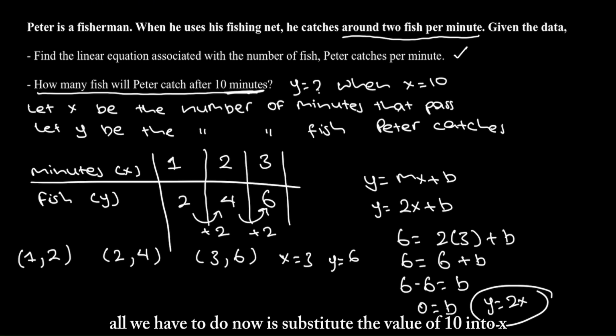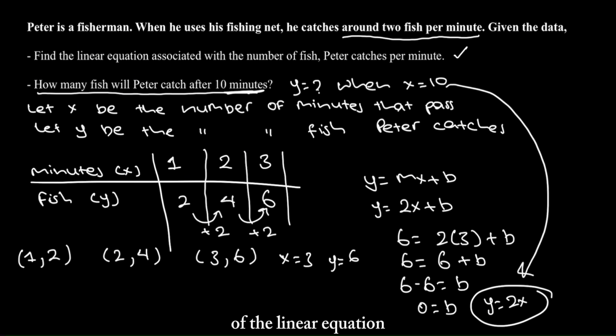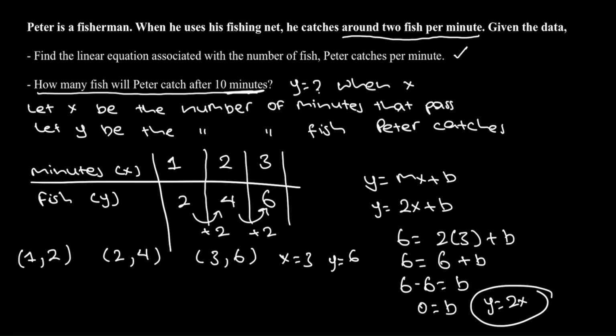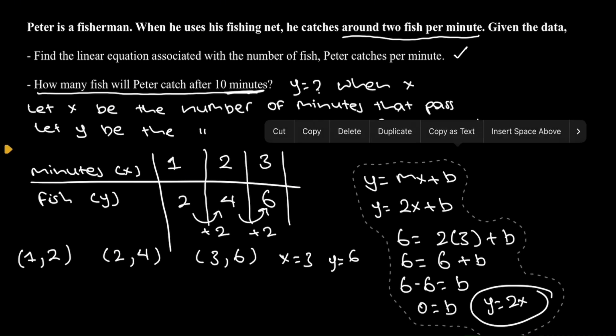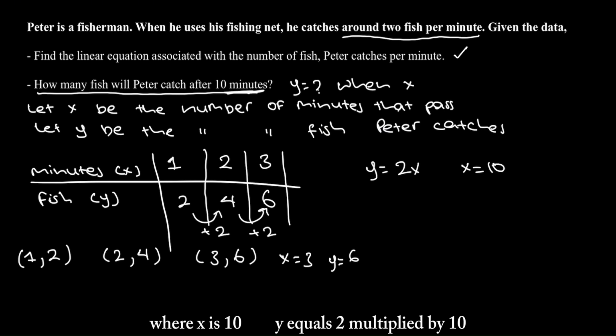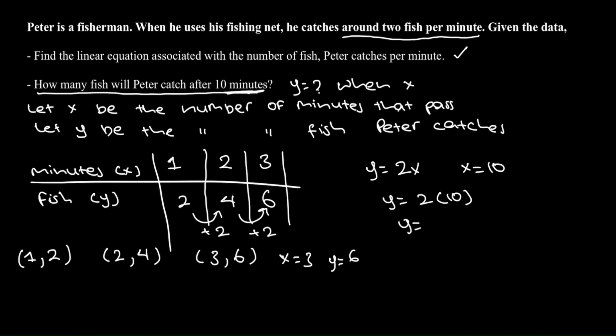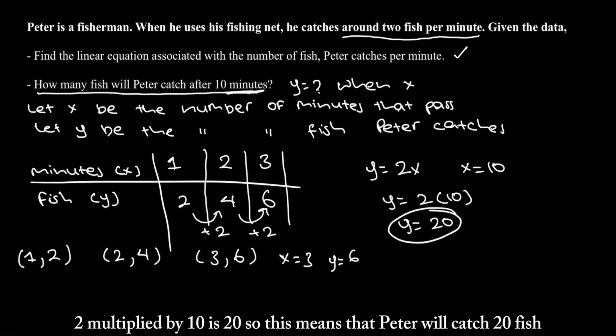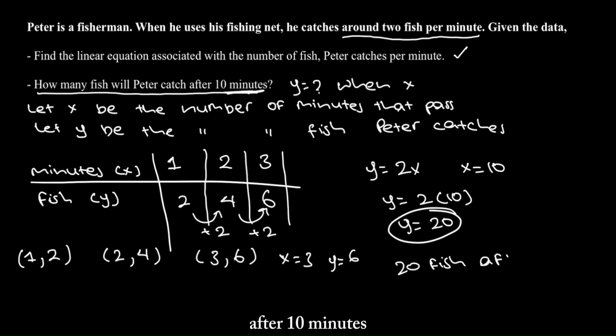All we have to do now is substitute the value of 10 into x of the linear equation. y equals 2x, where x is 10. y equals 2 multiplied by 10. 2 multiplied by 10 is 20. So this means that Peter will catch 20 fish after 10 minutes.